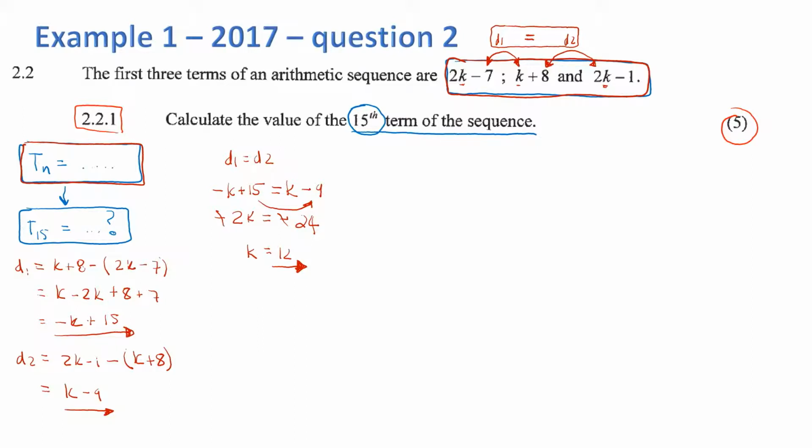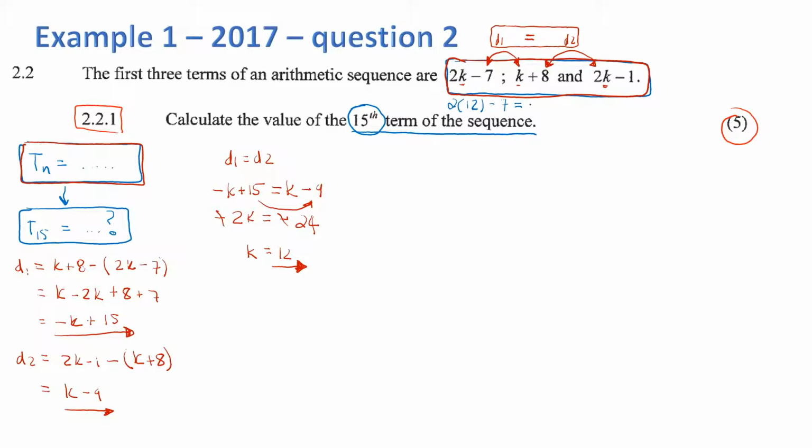Once we have k equals 12, we can now concretely determine the terms of the sequence, right? So we have 2 times 12 minus 7. That is 24 minus 7, 17.